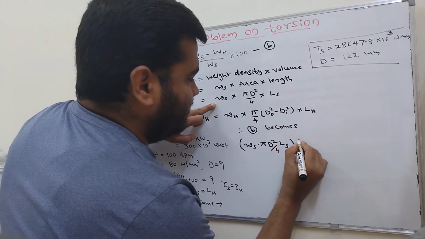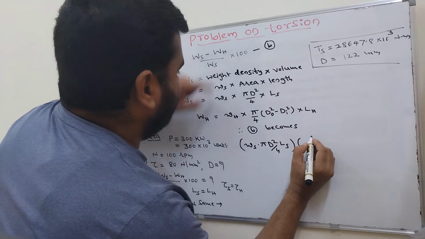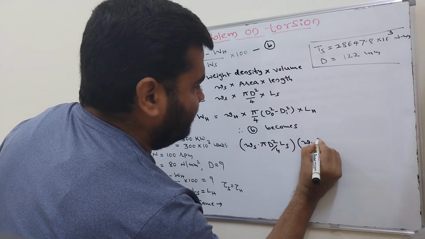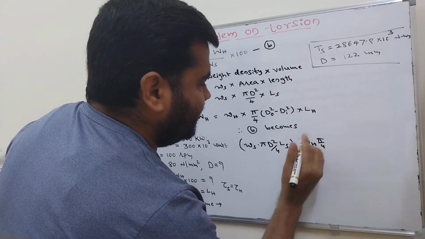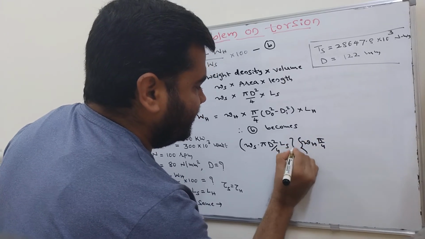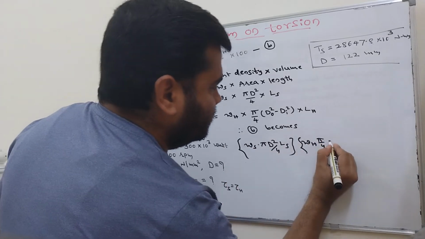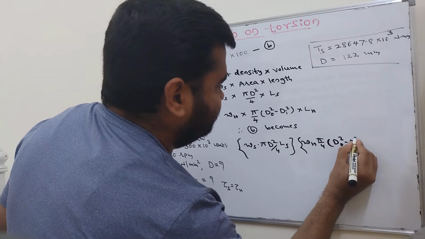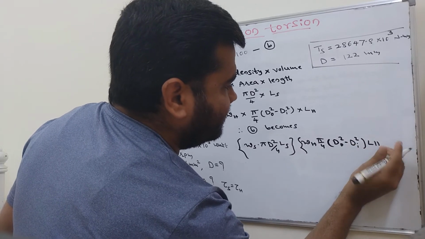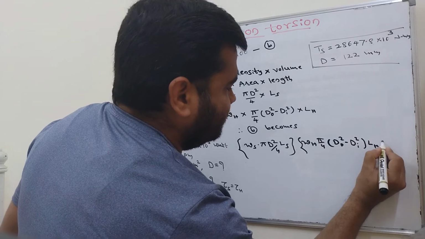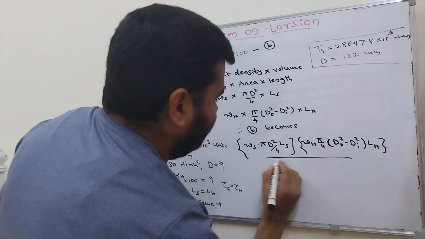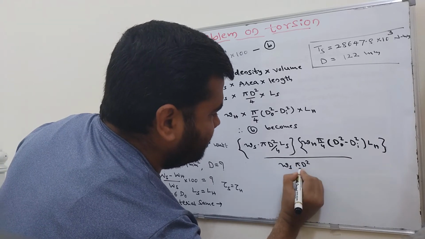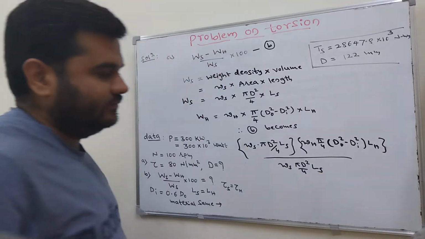Next, weight of hollow shaft is the specific weight into pi by 4 into (d naught square minus di square) into length of hollow shaft, divided by weight of solid, pi d square by 4 into length of solid shaft.